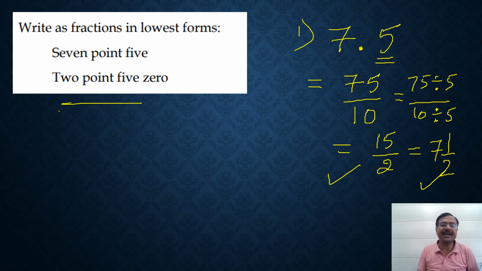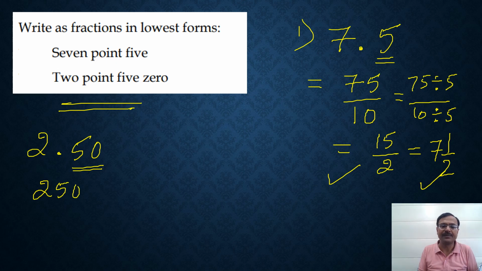So 7.5 is 15 upon 2 or 7 and a half. Likewise, look at the second example here, 2.50. So if you want to express that as a fraction in lowest form, how many decimal places does this have? This has 2 decimal places. So if you remove the decimal, then you will have a 1 followed by how many zeros? 2 zeros.